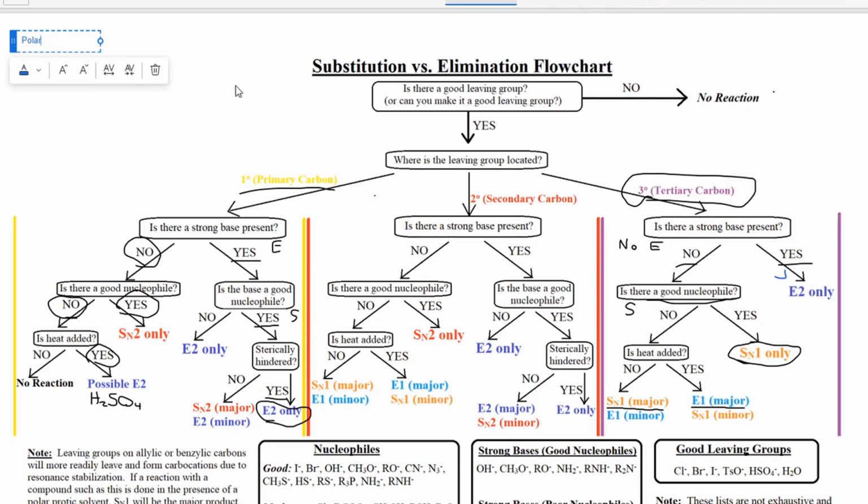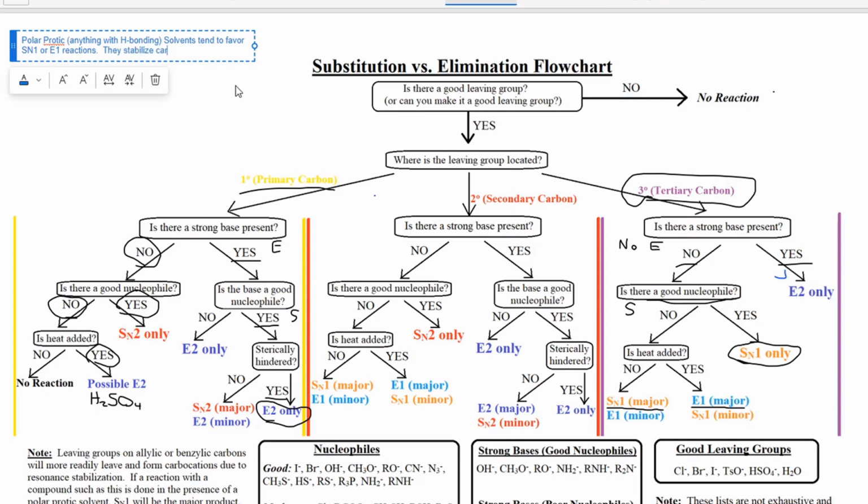Polar protic solvents, such as alcohol and water, basically anything with hydrogen bonding, so ammonia would also work here, tend to favor SN1 or E1 reactions. In other words, they stabilize carbocations.